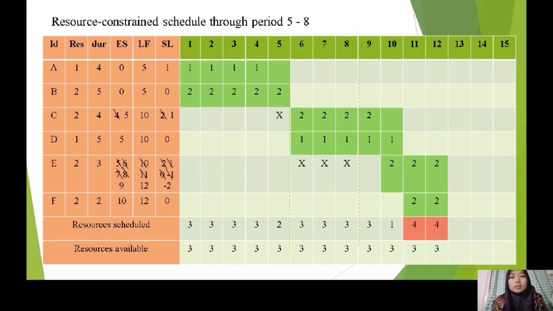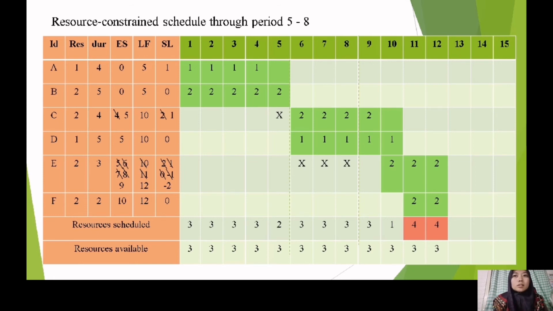As we know, the slack in activity C is 1, and we also have slack in activity E in day 9, and the slack in activity E is -2, so we have to take 2 from the other activity.